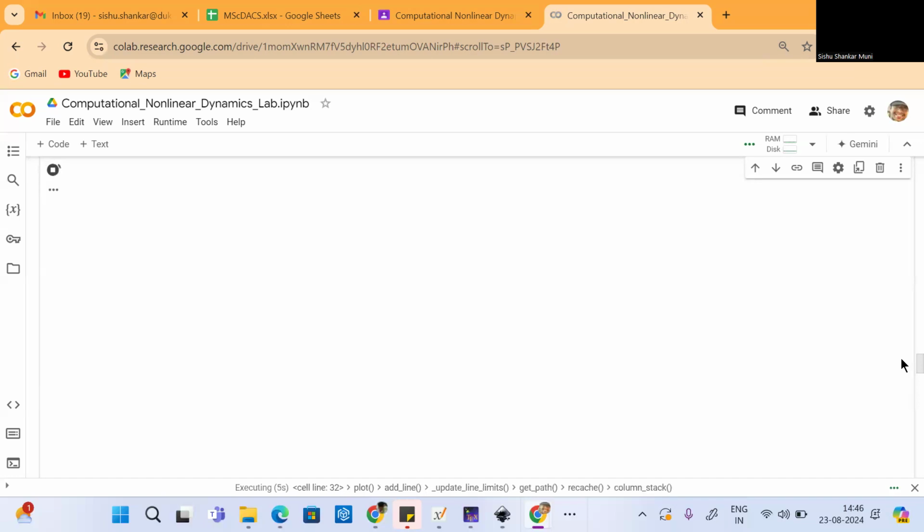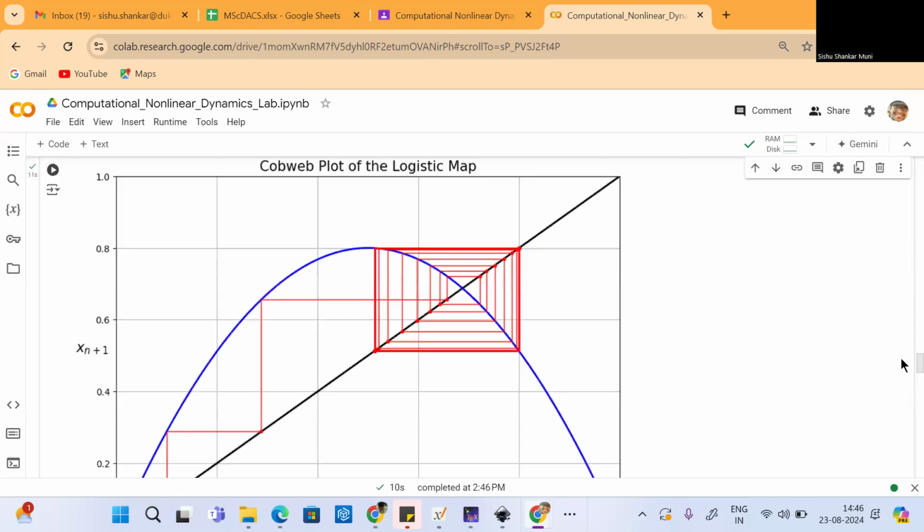So you have to remove the transient. If you want to understand the structure more deeply, you have to discard the transient from the start. Now you can see it is converging to some periodic orbit. This is 5,000 iterations and it still did not fill up the space densely. So it is a periodic orbit. The structure is repeating itself.